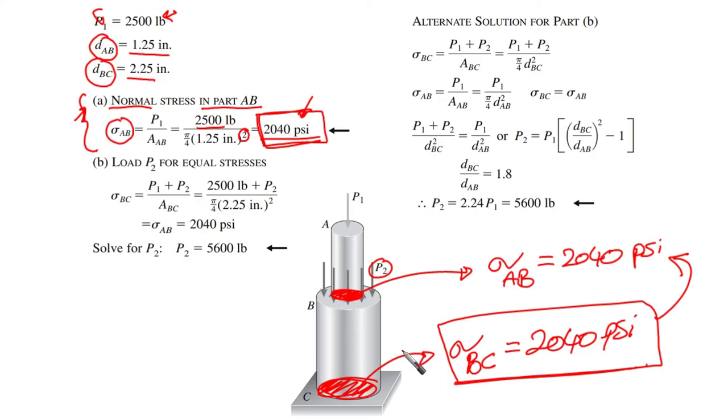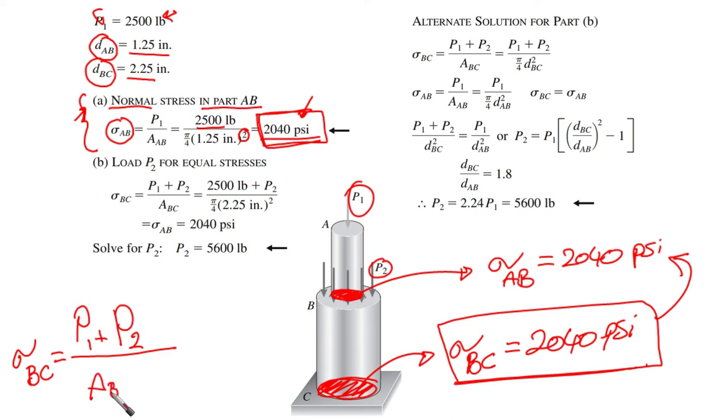So simply, we're going to say sigma BC equals exactly the summation of the two loads, P1 plus P2, over the area of the lower part, which is ABC. This is the area of the lower part.